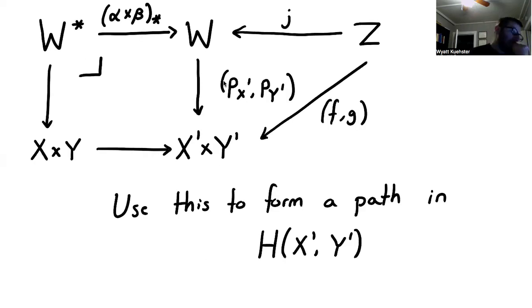So what I'll do is I have this pullback square from forming delta of f comma g, and I have this object z through which I passed f g. I'm going to use this to form a path in the cocycle category because I want a map.